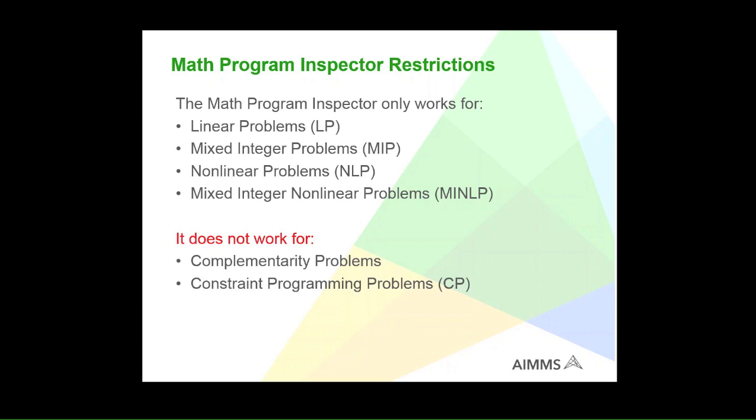The main reason is that they are completely different technology, completely different representations of the model. So today we'll focus mainly on a linear program, but it works the same for linear and nonlinear problems.